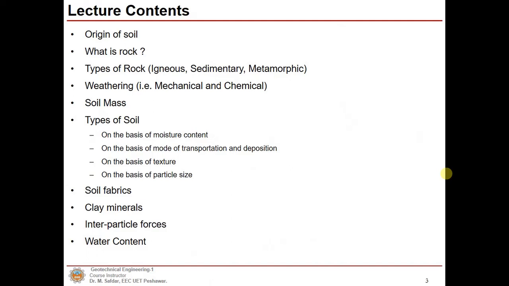So first we are going to start with the understanding of the origin of soil, that is, how the soil particles are formed, what is rock, how geologists think or what they are looking for, and what properties a geotechnical engineer is interested in.